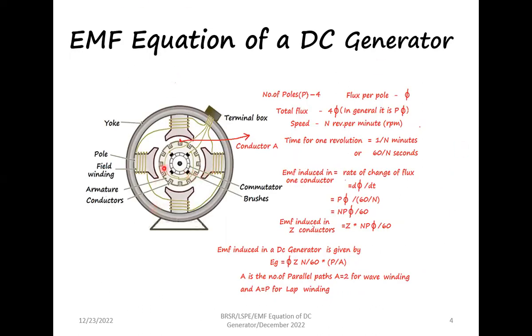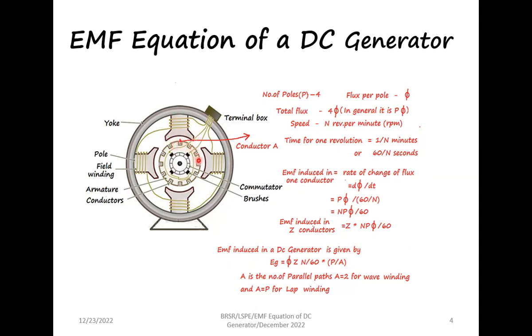To understand the EMF generated in a DC machine, the small dots shown here are the armature conductors. Let us take one of the conductors and find the EMF induced in that conductor, then multiply the value obtained by the total number of conductors present. When it is in this position, it is subjected to the magnetic flux under this pole.